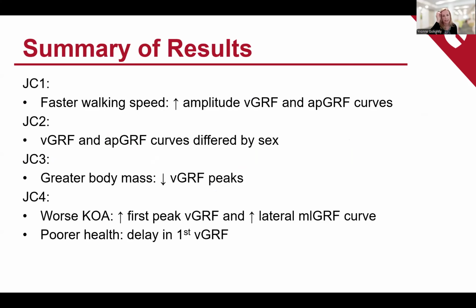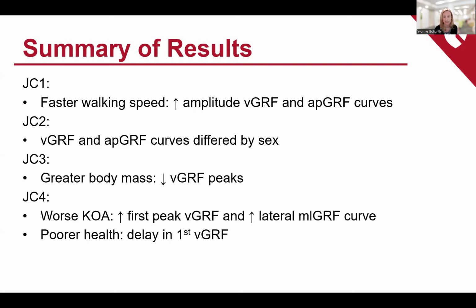So just to summarize these results, joint components 1 and 2 align with what is known about the effects of walking speed on ground reaction forces and differences in gait by sex. The results for joint component 3 add to a literature that shows some similarities, but there also seem to be some differences by study.